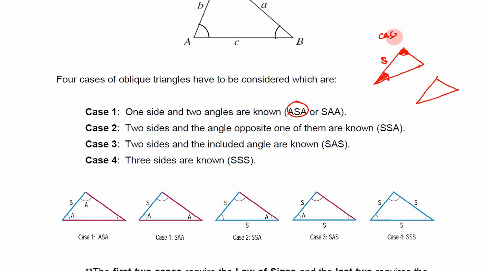So for case one, it doesn't matter if you start with the side, for example side, angle, angle, that is also SAA. So ASA or SAA is case 1.